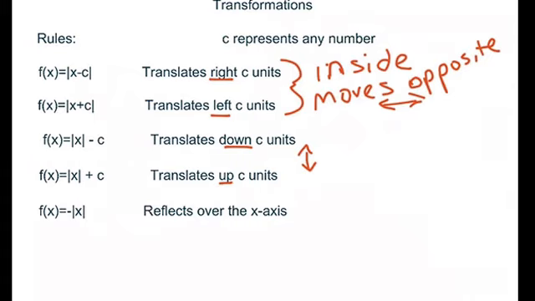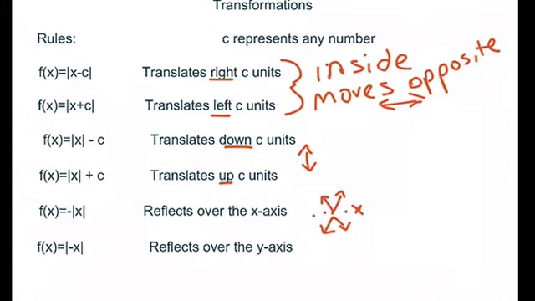Now f(x) = -|x|. This reflects over the x-axis. So this is what in geometry you may have called a flip. So instead of the absolute value graph going in an upward direction, it is going to flip down over the x-axis.